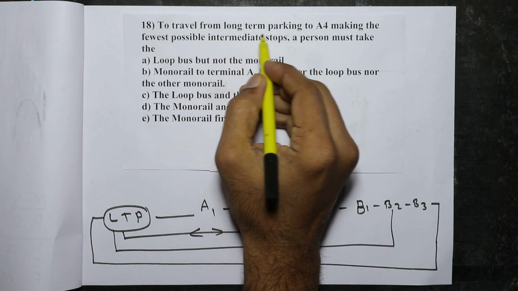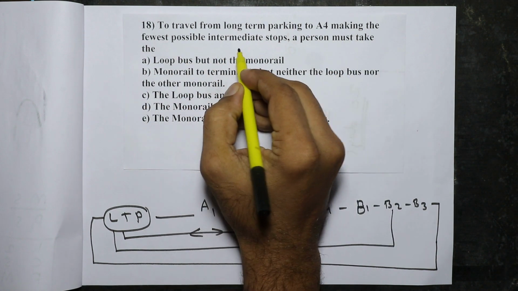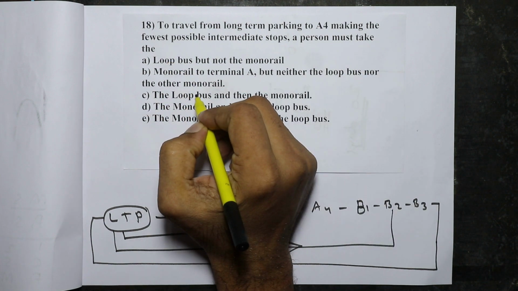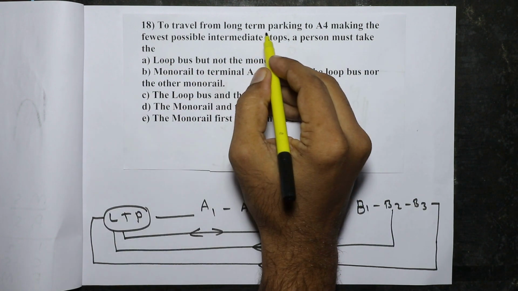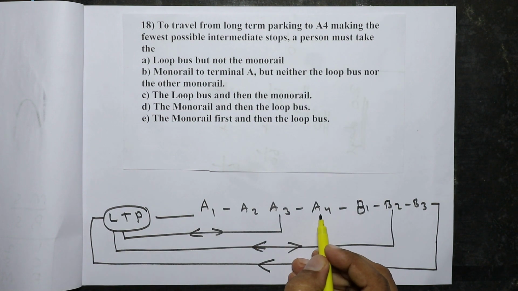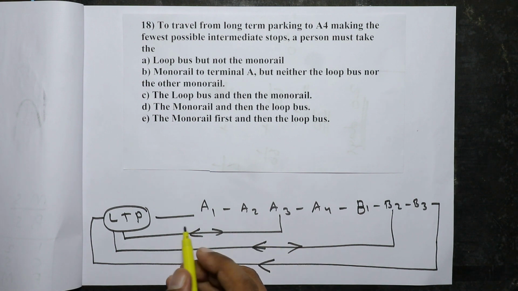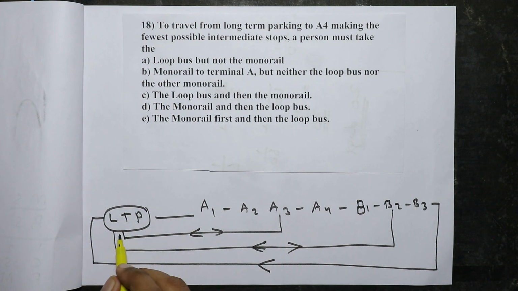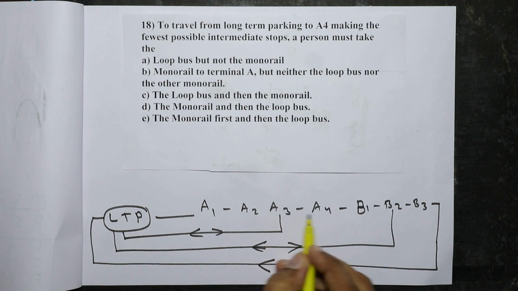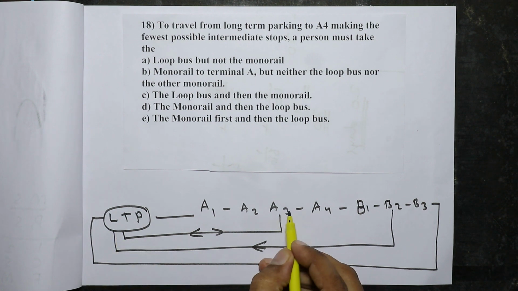To travel from long-term parking to A4, making the fewest possible intermediate stops, a person must take what? From long-term parking, he can take the monorail to A3, and then from A3 to A4 the loop bus.